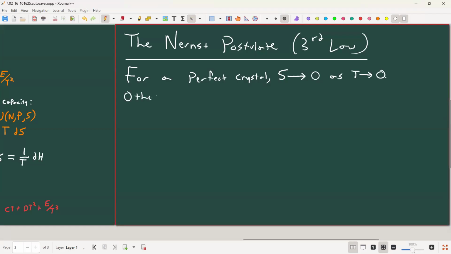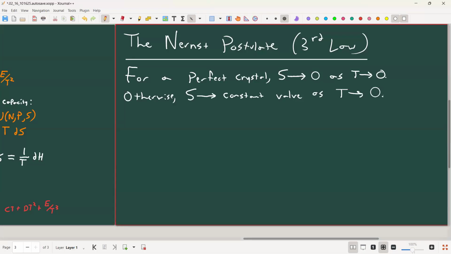Otherwise, which means pure materials that aren't perfect, we'll have to define what that is, S approaches a constant value as T goes to 0. So this is why we do not need a relative reference for entropy.